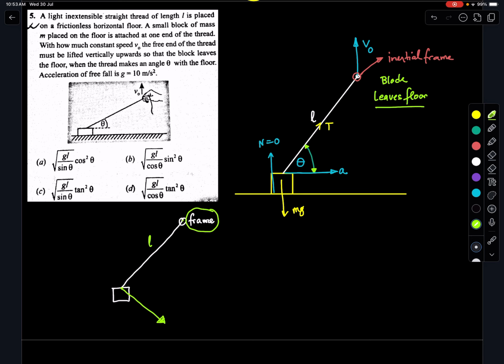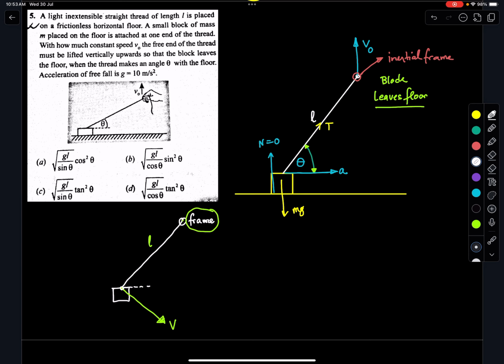And we know that with respect to the ground this block is at rest and this end has velocity v naught. So with respect to this point, the downward velocity of this block is v naught. Remember that. So that means the relative velocity of the block is v.